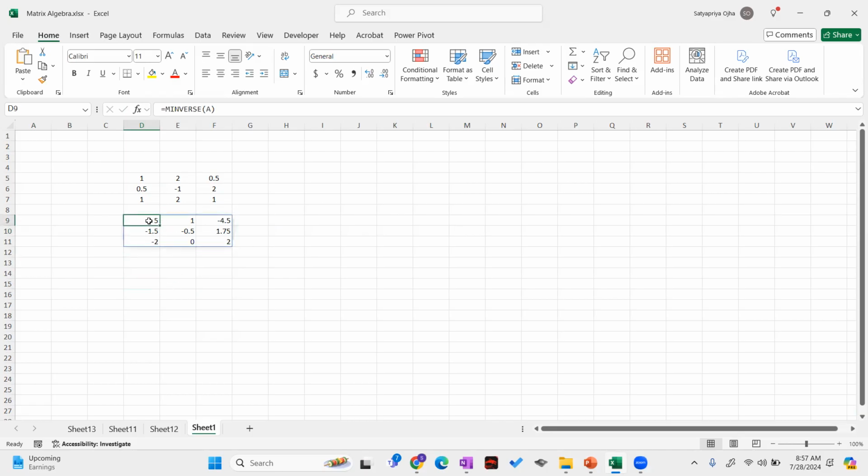I did not even select all the cells. So a lot of these boring operational things have been taken care of with Excel 365. I just clicked on one cell, pressed Enter, and it spilled the results for me. This is the result of the inverse. This is A inverse.